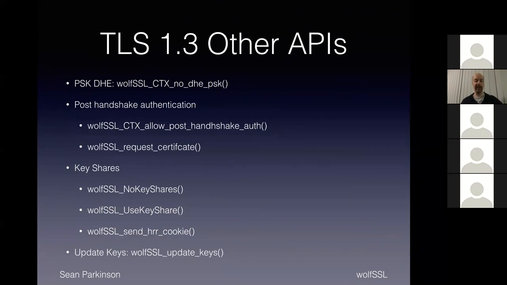And the server is requested to request the certificate with the wolfSSL_request_certificate call, and a handshake message is sent at that time. And if the client has allowed it, it will respond with a certificate and a response, and the return will come back from the wolfSSL_request_certificate function.